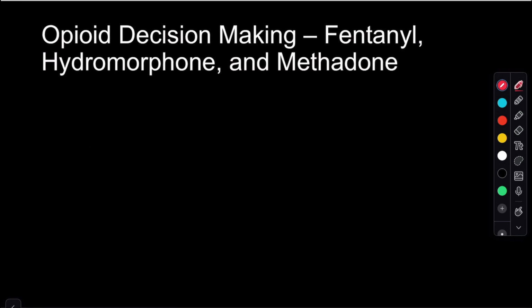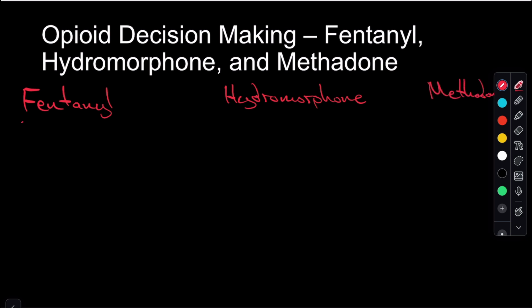So this is just to provide a very broad overview of rational opioid use. We'll discuss how you might view using fentanyl versus hydromorphone and methadone. Fentanyl has a very rapid onset of action of 3 to 5 minutes to reach maximal effect.